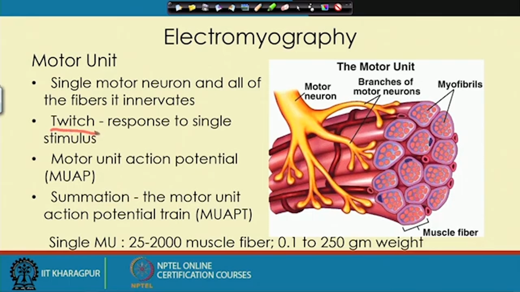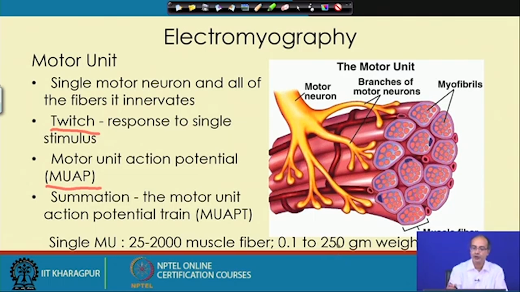And a single motor neuron is not connected to one muscle fiber, but to a number of them. We call that collection of all those fibers together a motor unit, and the action potential generated by that we call the motor unit action potential.